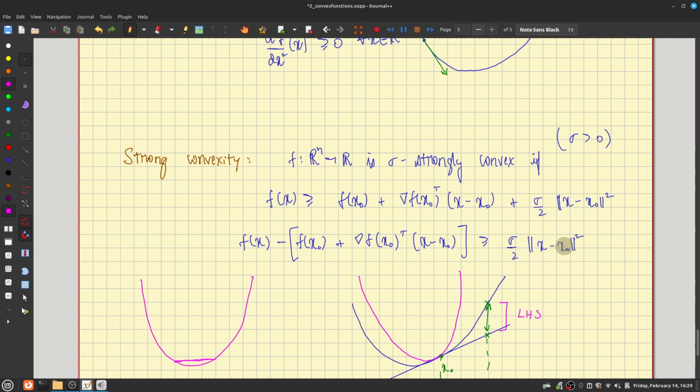For example, maybe another way to think about it is, maybe f of x minus this particular quantity could be greater than or equal to some function of x minus x naught, but not x minus x naught the whole square, something that's slower than x minus x naught the whole square. That's one sort of condition. Again, I'm being very loose here.